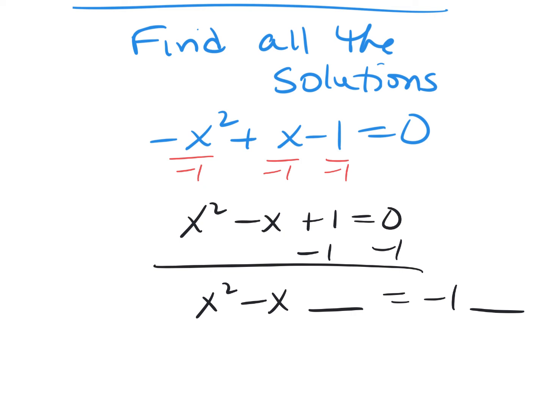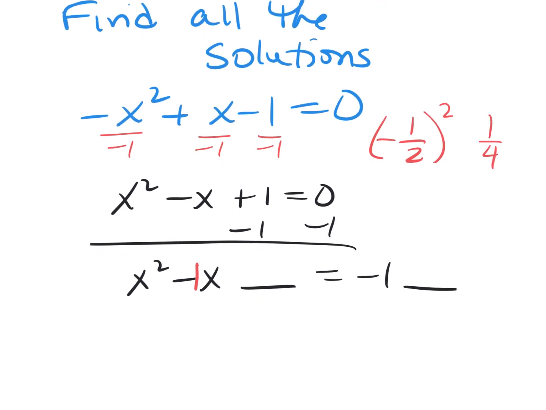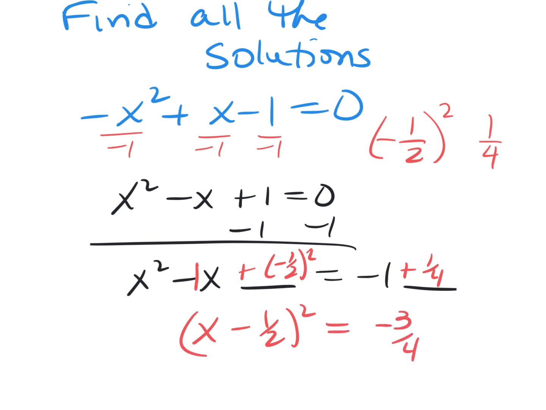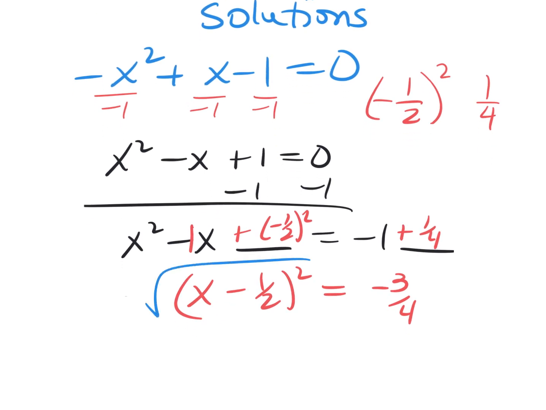Take the b term, this negative 1 here, divide it by 2, and square it, and you get 1/4. So plus 1/4. Minus 1 over 2 squared. So x minus 1 over 2 squared, negative 1 plus 1/4 is negative 3/4. As soon as you do the square root method and try to square root a negative number, you can't do it.